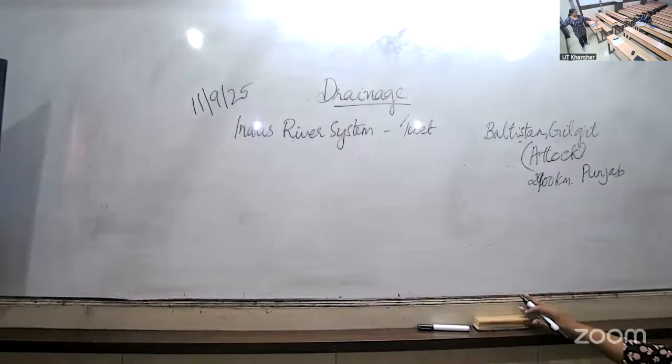The Indus Plain has a very gentle slope. With a total length of 2,900 kilometers, the Indus is one of the longest rivers in the world. A little over a third of the Indus basin is located in India: Ladakh, Jammu and Kashmir, Himachal Pradesh, and Punjab, and the rest is in Pakistan.